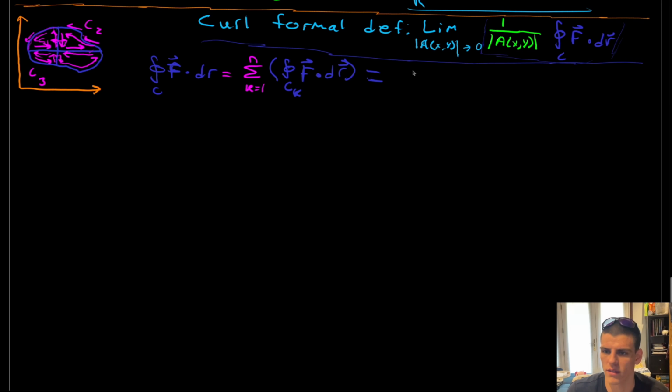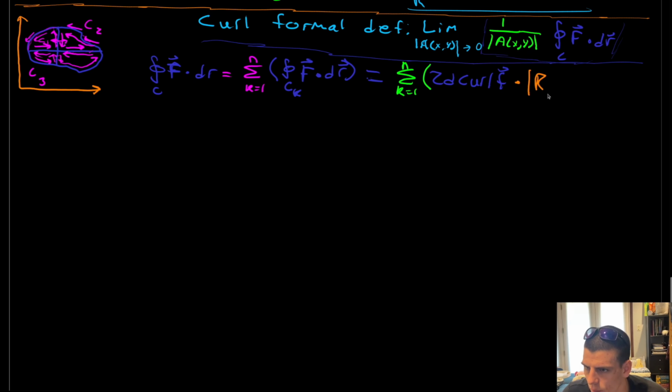So we can rewrite this as the sum from k equals 1 to n of the 2D curl of f at that point times the area of rk. And rk right here is just going to represent the area within our small curve ck.